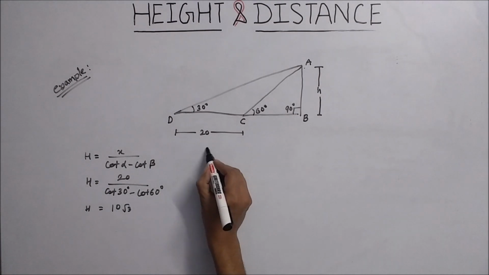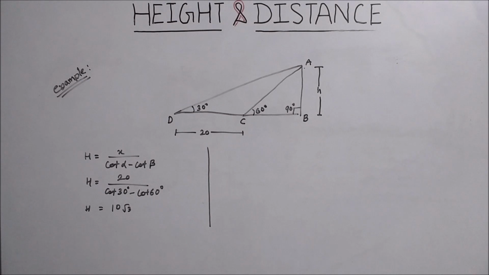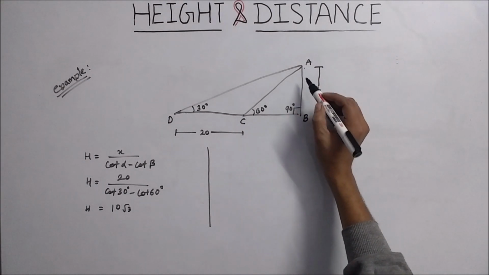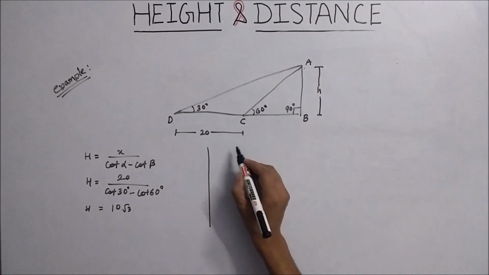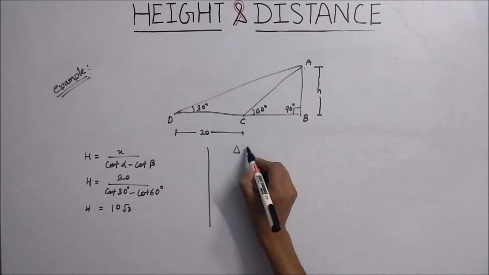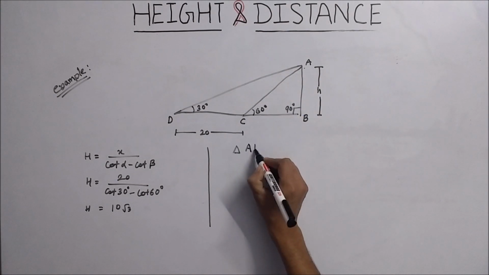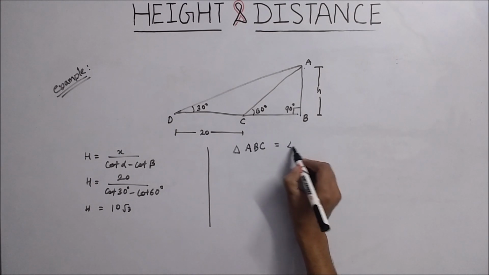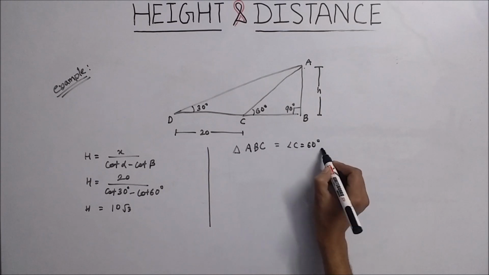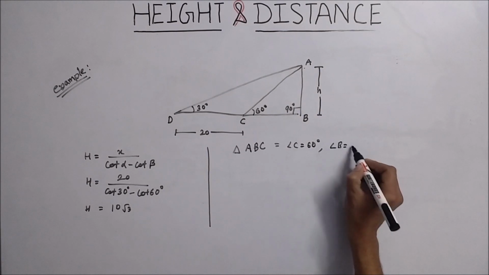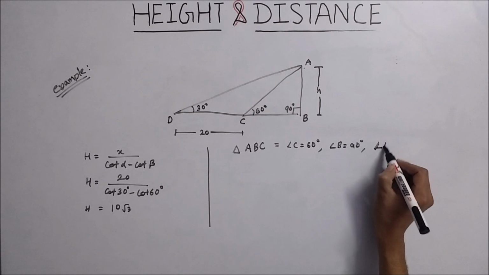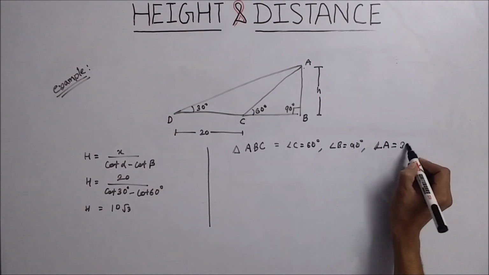Again, we have one more method to solve this question by angles. First, let's take triangle ABC. In this, angle C is 60, B is 90, and angle A is 30 degree.